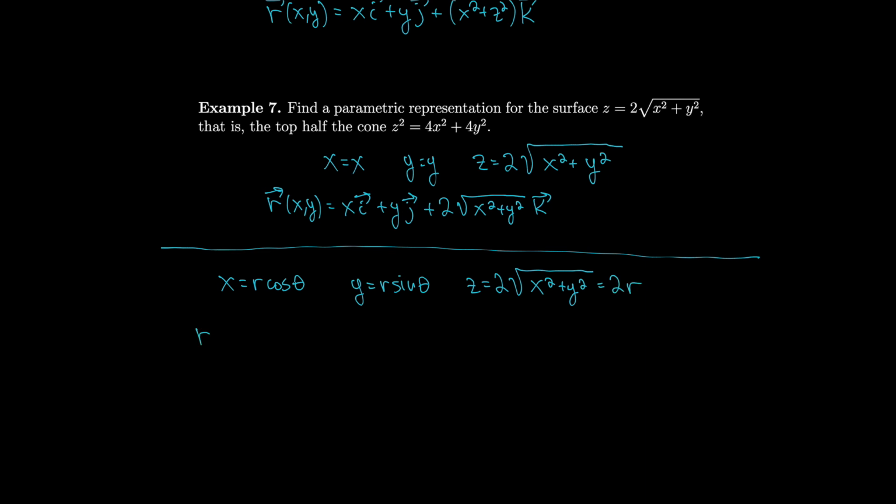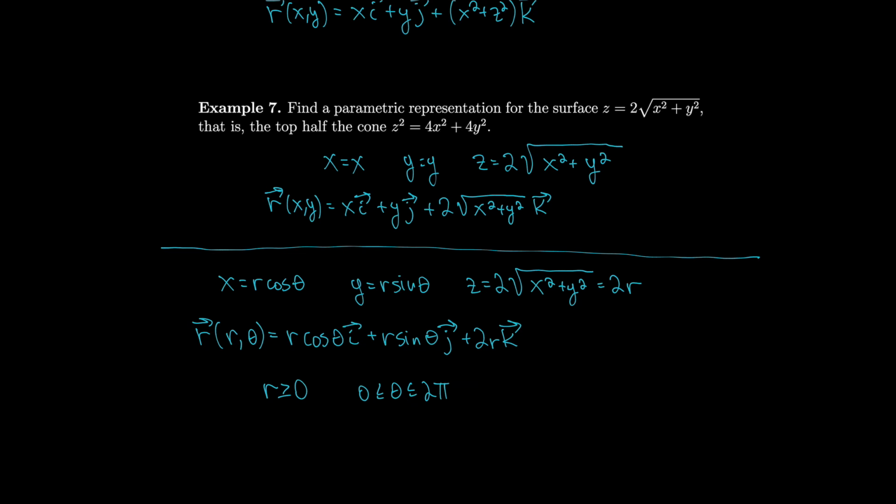So then we'd have r as a function of r and theta. Notice this is the vector r, this is the polar radius r. So we have r cosine theta i plus r sine theta j plus 2r for z k. So in this case, our parameters are r, which is greater than or equal to 0, and theta, which goes between 0 and 2 pi.